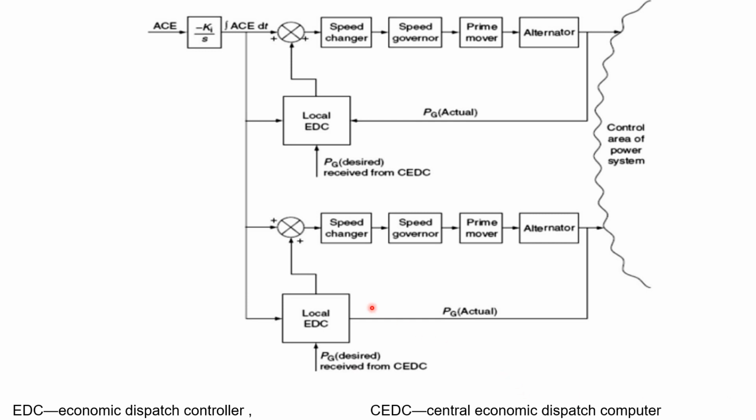So in this diagram, if you take the signal PG desired, which is received from the central economic dispatch computer, the signal is sent to the local economic dispatch controller. Here the error, that is PG actual and PG desired, is modified by the integral area control error at that instant of time.